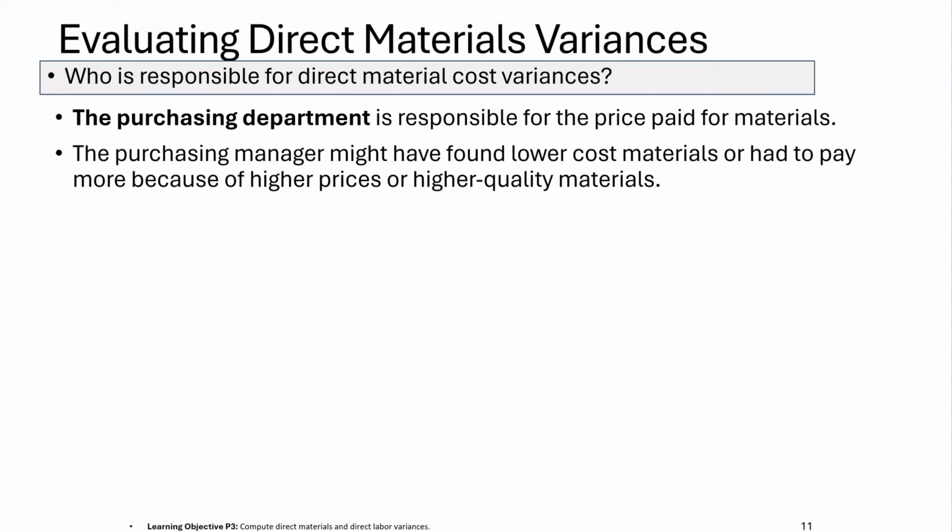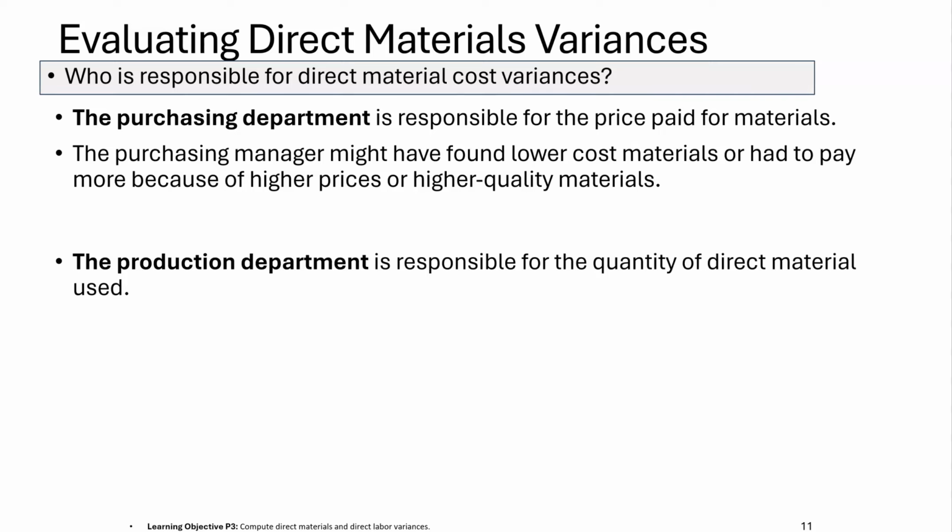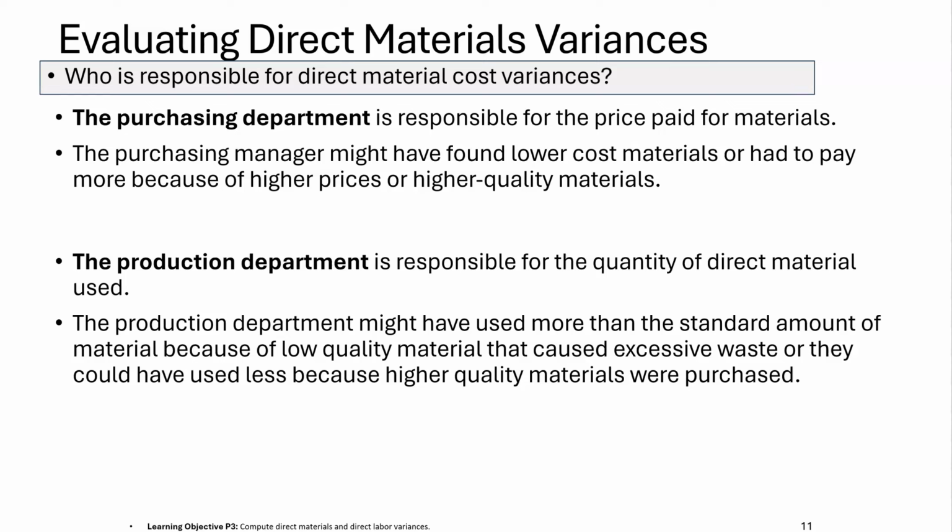The purchasing manager might have found lower cost materials or had to pay more because of higher prices or higher quality materials. The production department is responsible for the quantity of direct materials used. The production department might have used more than the standard amount of materials, maybe because of low quality materials, or they could have ended up using less because the new materials work better. And the same goes for labor. They could have paid more or less for the labor or used more or less of the labor.